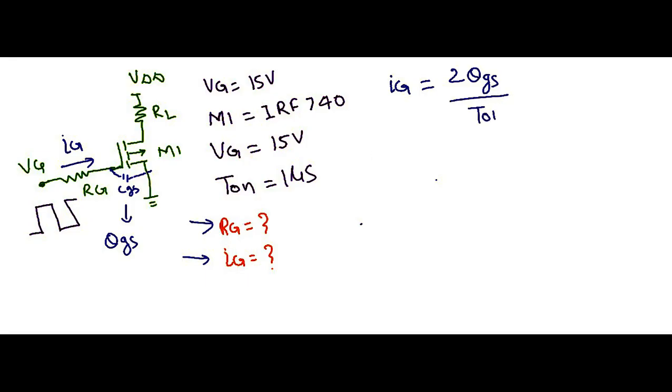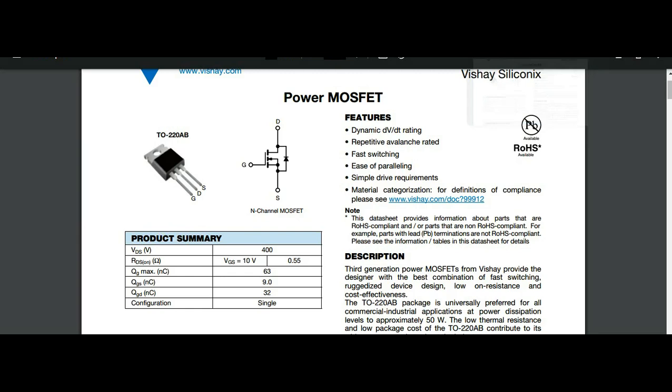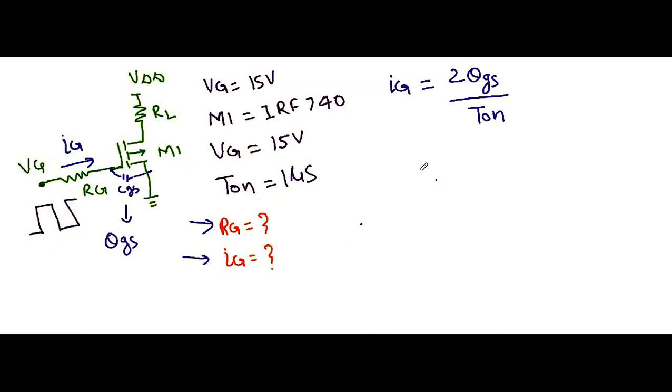Okay, since you don't have the information of gate to source charge, you can go and see in the data sheet of IRF 740. So let us go and see in the data sheet of IRF 740. If you look at the data sheet here, it says that the QG max is 63 nanocoulomb. So let us write here QGS equals 63 nanocoulomb.